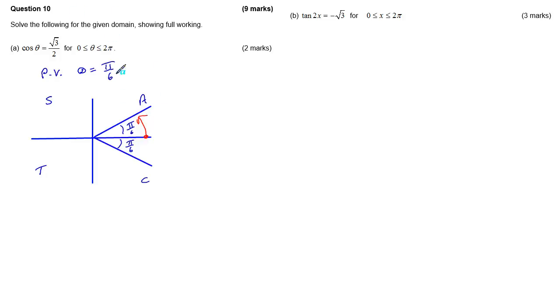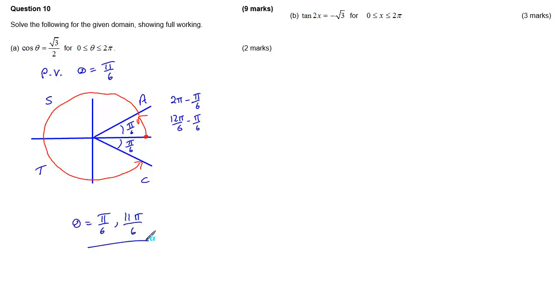So we find a solution at pi by 6, and we keep going around, and the next time we get to a solution is here, pi by 6 before we get to 2 pi. So 2 pi take away pi by 6, that's 12 pi by 6 take away pi by 6, so that one's 11 pi by 6.